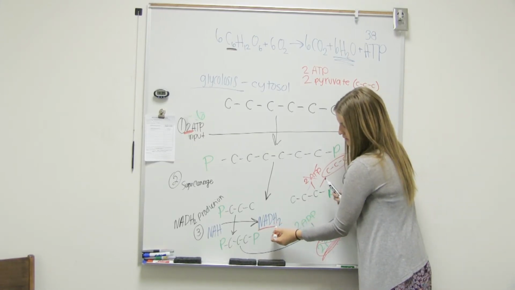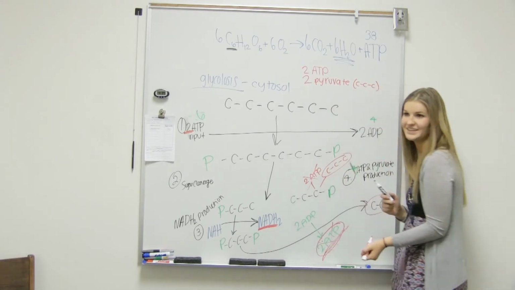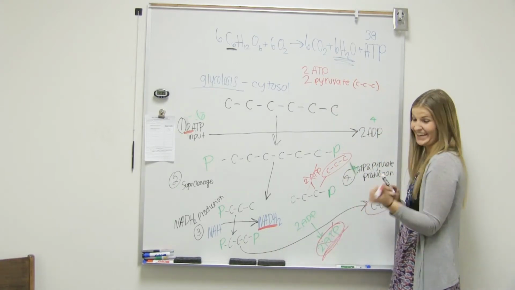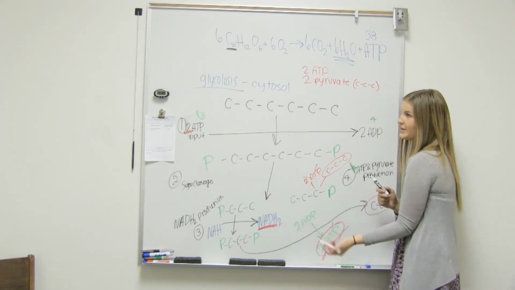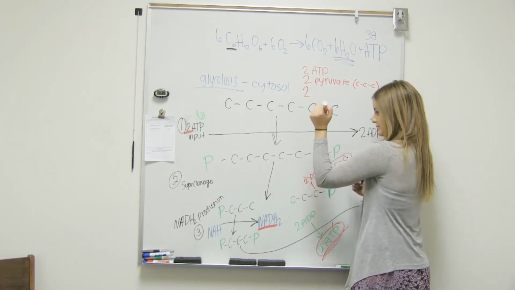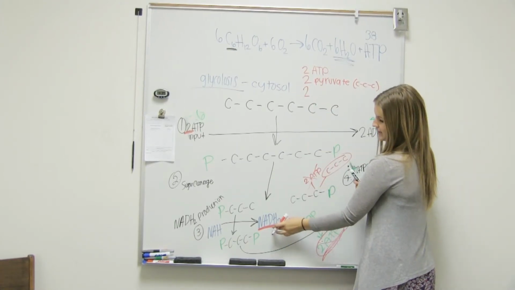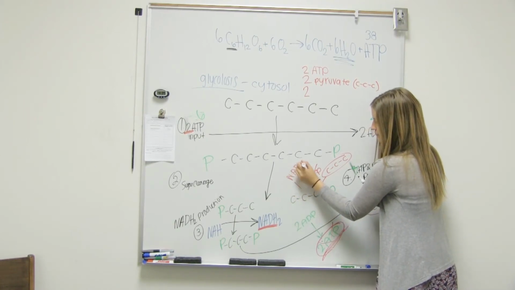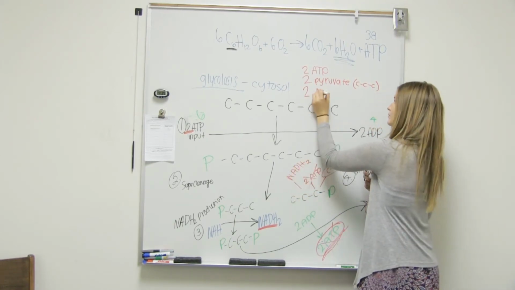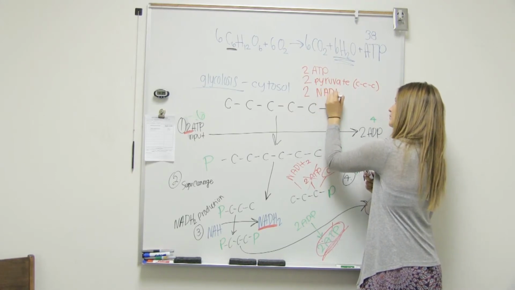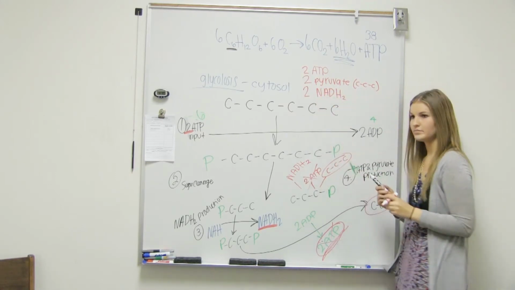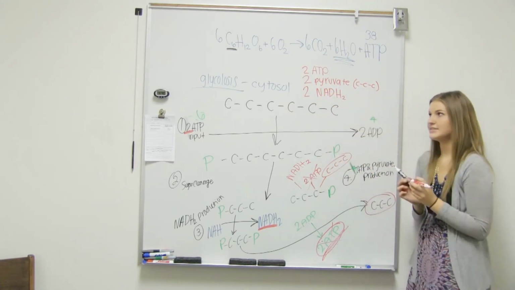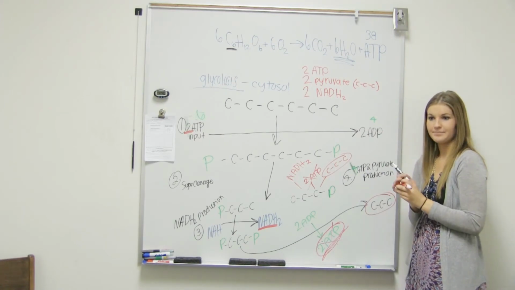Do you see where we get that? So 2 NADHs, because it came from both pyruvates. This one as well as we have an NADH here. So these are our products of glycolysis. It's our first step.